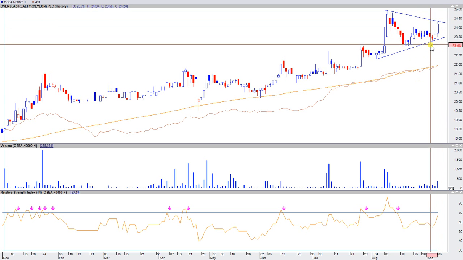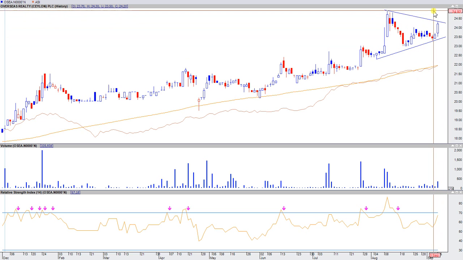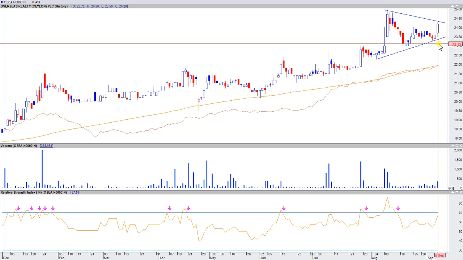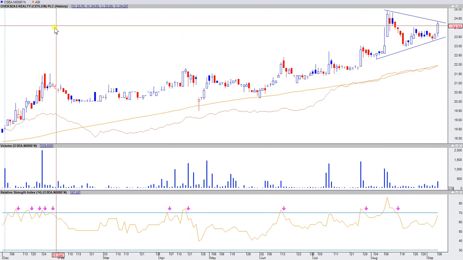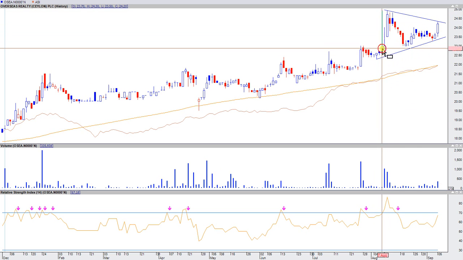And just an idea that I have, it might fall back on profit taking towards 22. So it could be sort of a range. I'm going to highlight the range here.